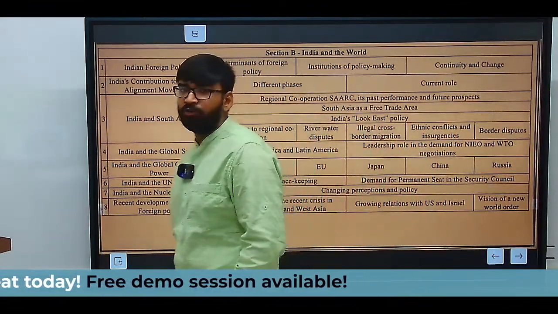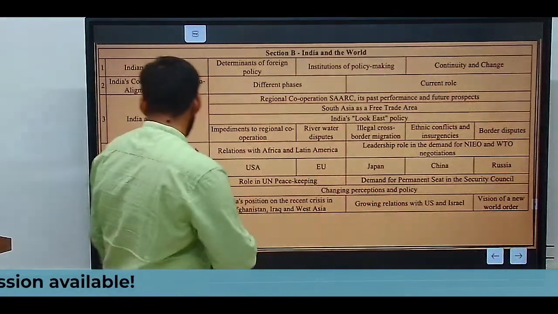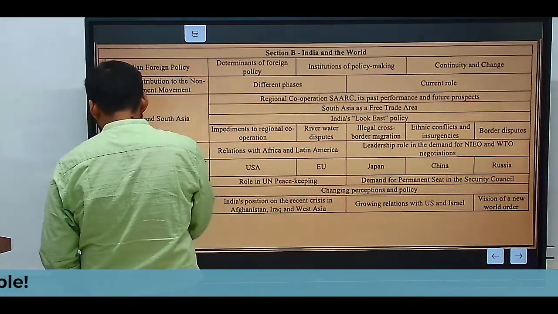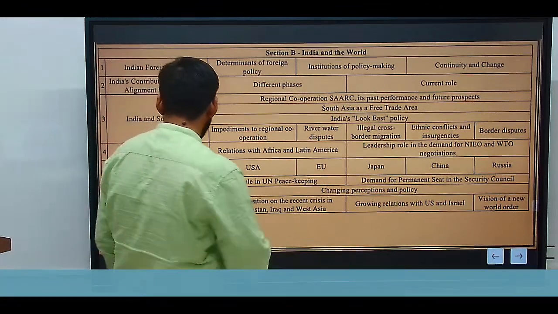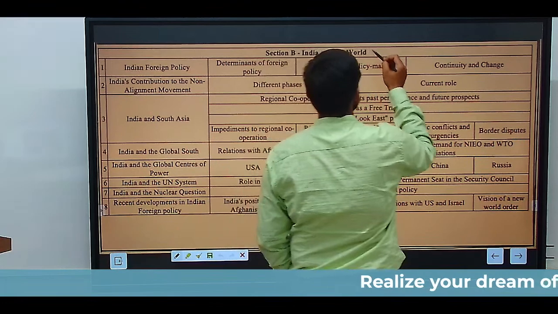Now section B of paper 2, that is India and the world. This section is totally associated with GS paper 2, that is international relations.